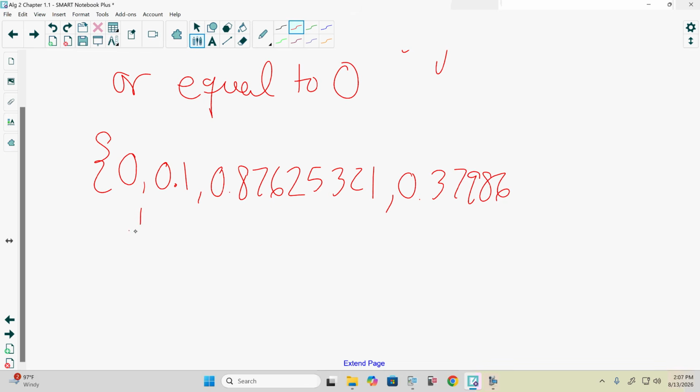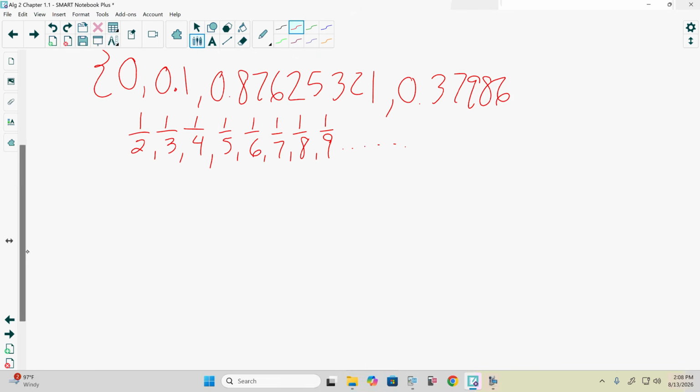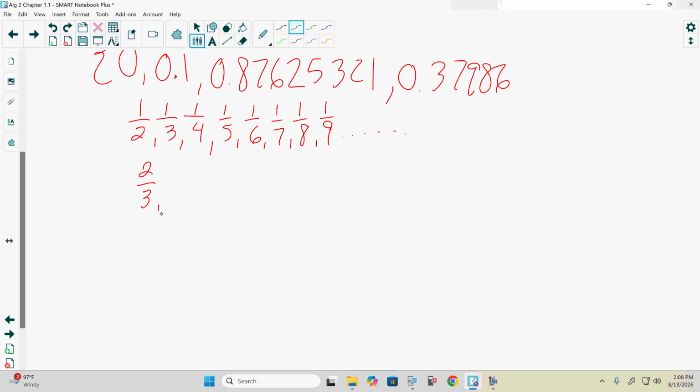How about 1/2? 1/3? 1/4? 1/5? 1/6? 1/7? 1/8? 1/9? Well, I can just put 1 over every natural number, yes? How about 2/3? 2/4? Well, 2/4 is 1/2, but that's fine. 2/5, 2/6, 2/7.